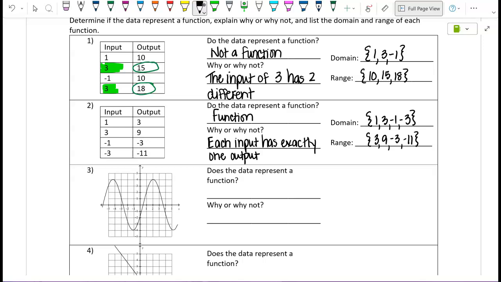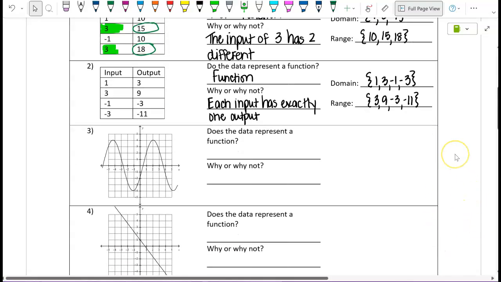Now, when we're given a graph, we have to look a little differently. How do we judge if a graph is a function? Vertical line test. Okay.